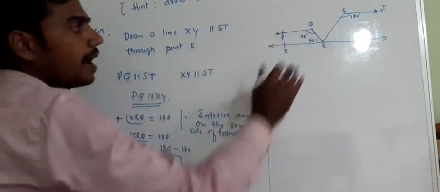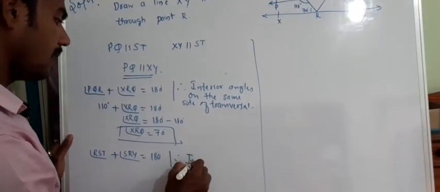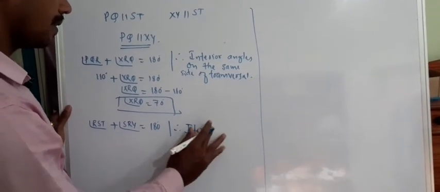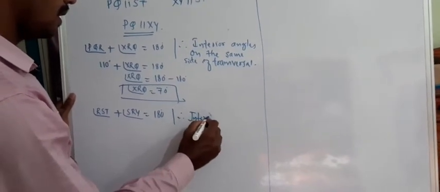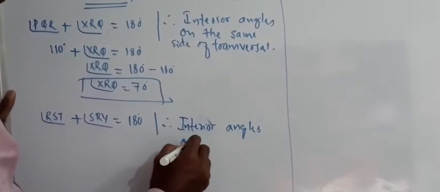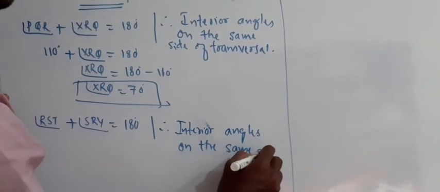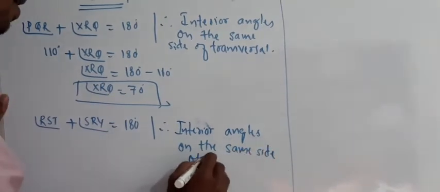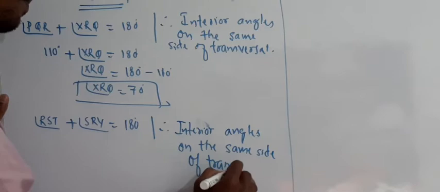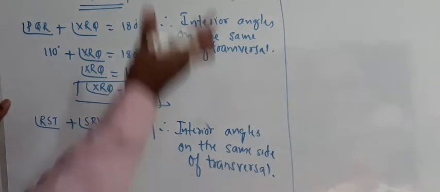Then the sum of angles will be equal to 180 degrees. The same thing I have written: interior angles on the same side of a transversal.